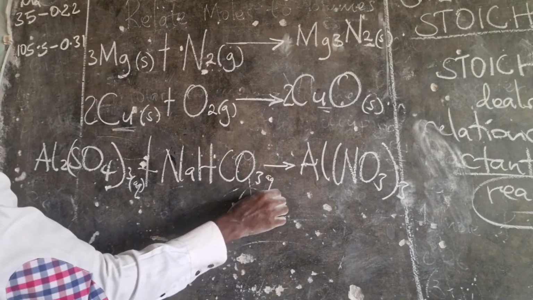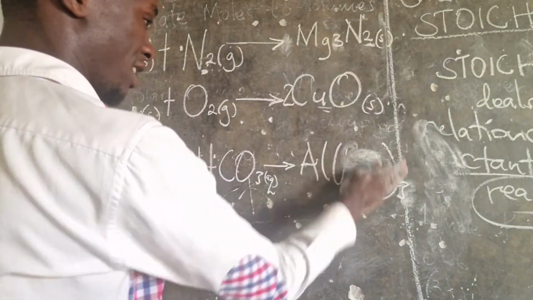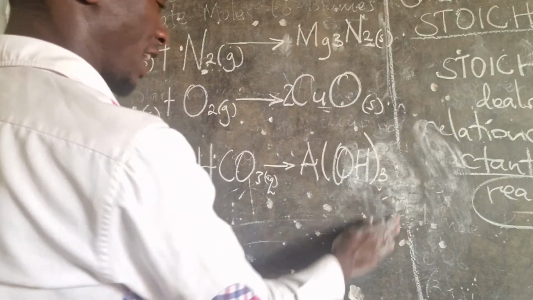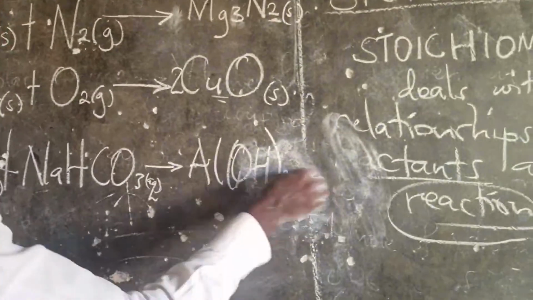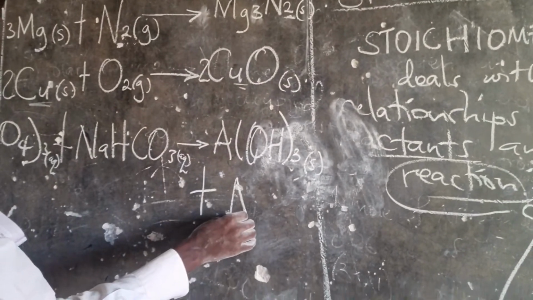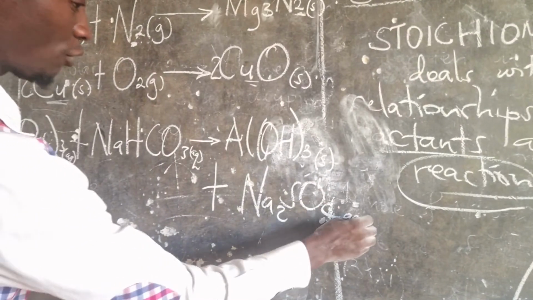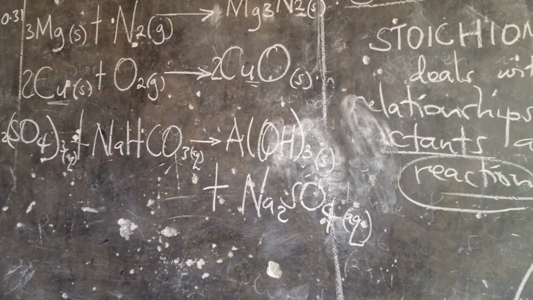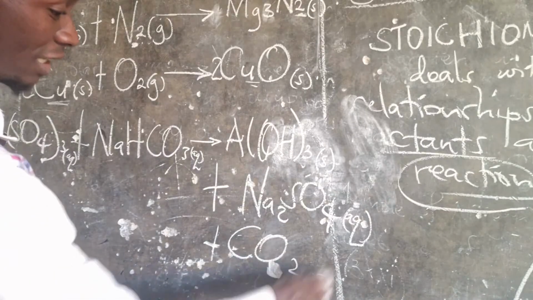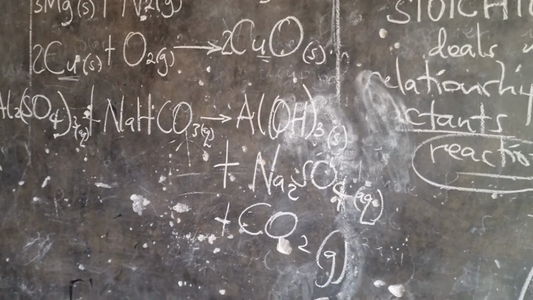Sodium hydrogen carbonate is also aqueous since it is a soluble solid, to give aluminium hydroxide, not oxide, not nitrate, hydroxide, which is an insoluble salt, plus sodium sulfate, a soluble salt since it is a salt of sodium, plus carbon dioxide. Write this one as a single line, which is a gas. Don't break it like I've done.